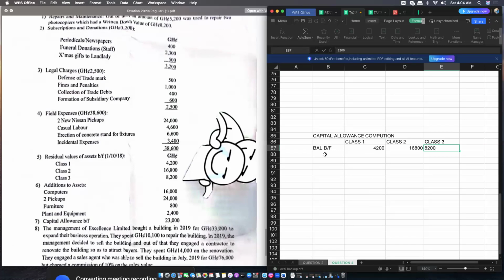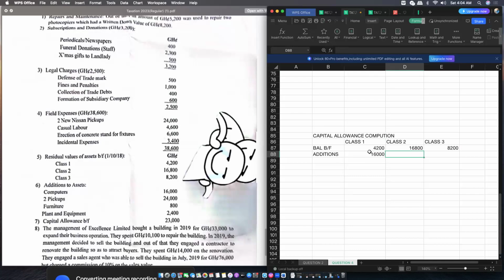Yes. Very good. So we'll bring our additions. What are they? Computers, is it class 1, 2, or 3? Class 1. And what is the figure there? 16,000. Class 2? 24,000.